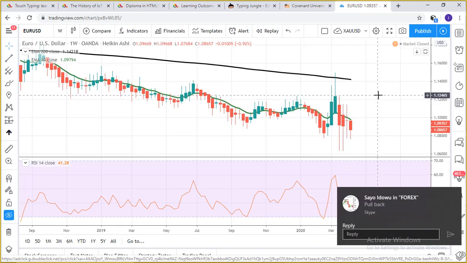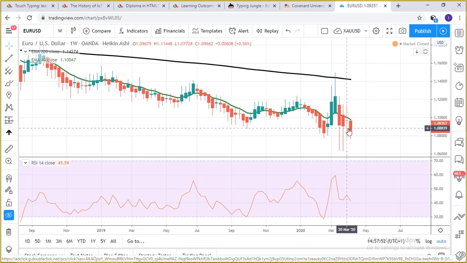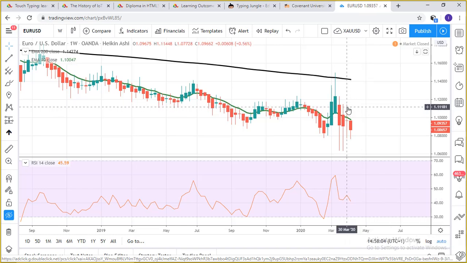Okay, somebody said a pullback. Yeah, it could be a pullback. Okay, the buyers and the sellers, yes, they have equal strength. Good. It could be a pullback, but this is more than just a pullback.